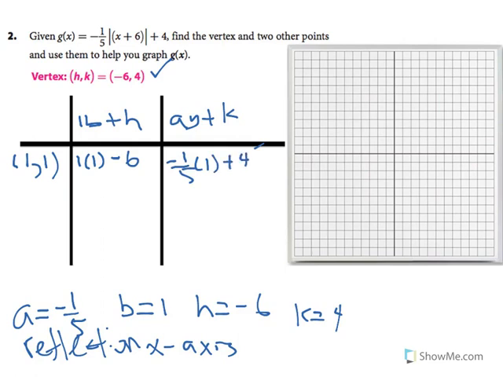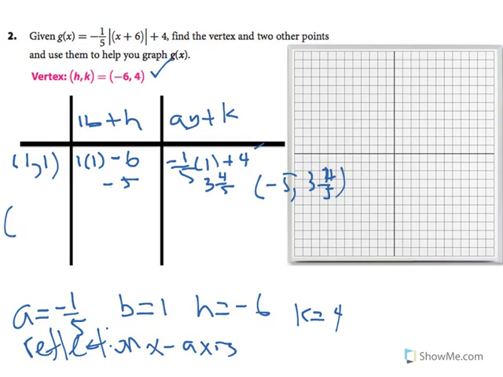So then we have negative 5, and oops, my mistake, let me change that. We have 3 and 4/5. Right, so we have a point negative 5, 3 and 4/5.